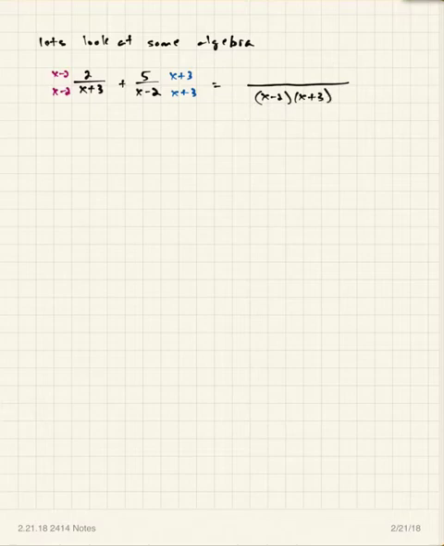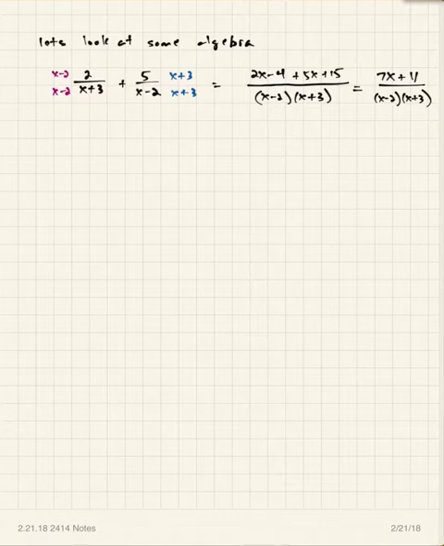And then in the numerator, just multiplying everything out, you'd have 2x minus 4 plus 5x plus 15. Collecting like terms, we get 7x plus 11 over x minus 2 times x plus 3.